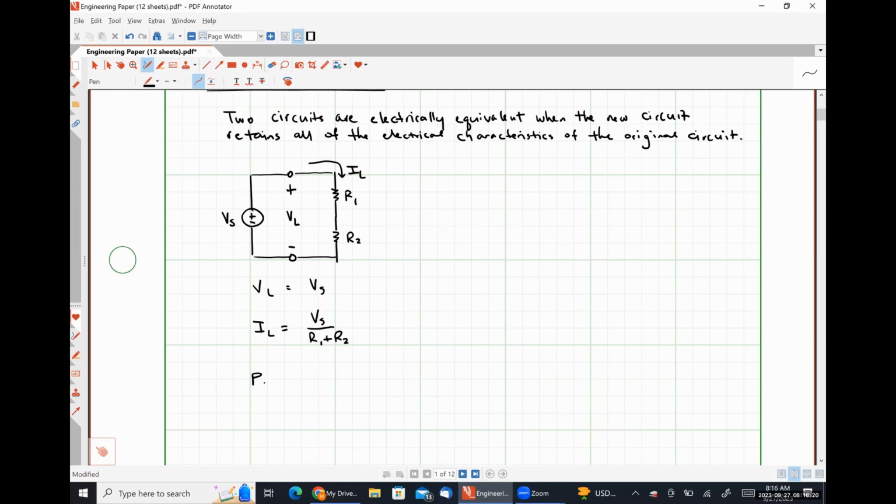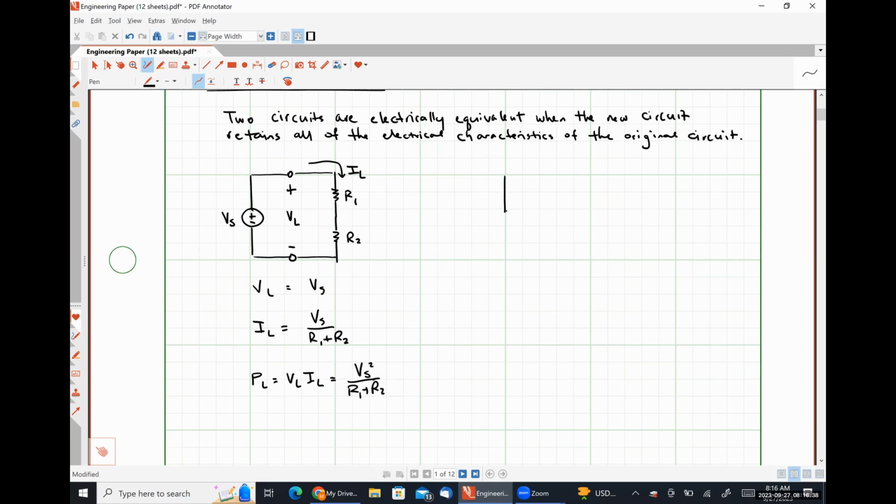And the power absorbed by our load would be VL times IL, which is just going to look like VS squared divided by R1 plus R2.